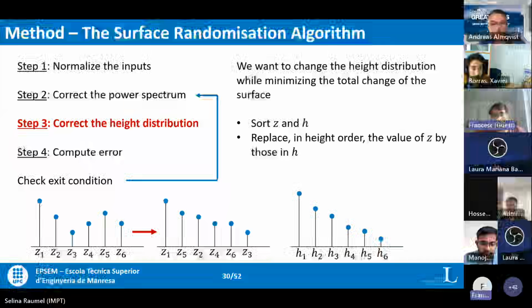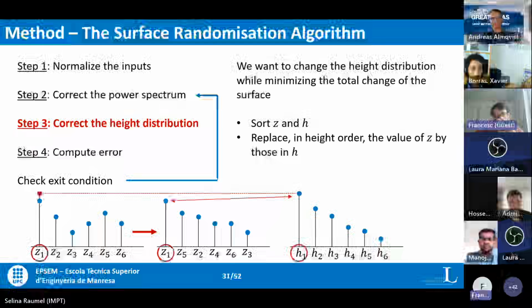And then what we do is start pairing all these values. So we pair the first one with the first one. Now it's Z1 paired with H1, and therefore we substitute Z1 by H1. Then we do the same with the second in line. So in this case, H2 is paired with Z5, and then we substitute Z5 by H2.